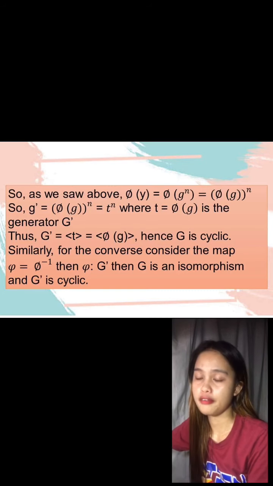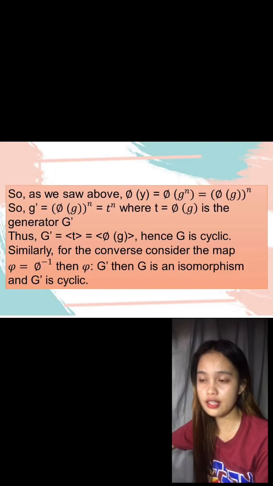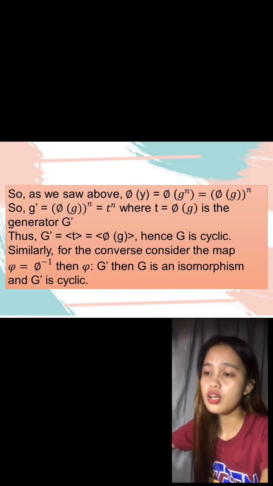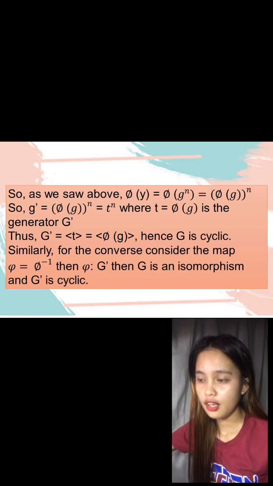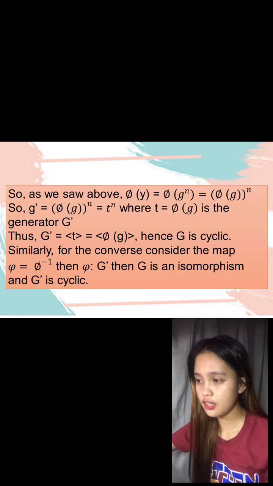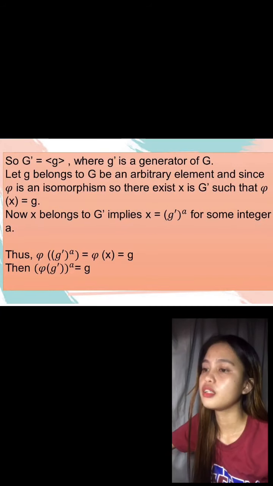So, similarly, for the converse, consider the map psi, which is equal to the inverse of phi. Then psi is a function from G bar to G. Then psi is an isomorphism, and G bar is cyclic.